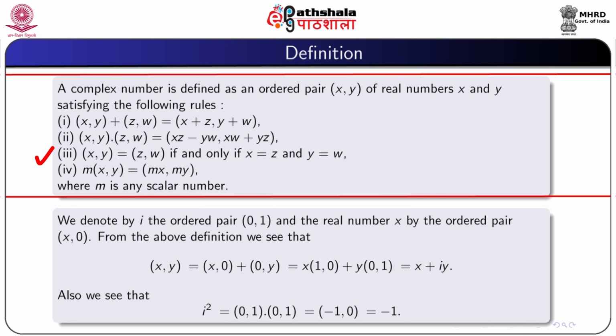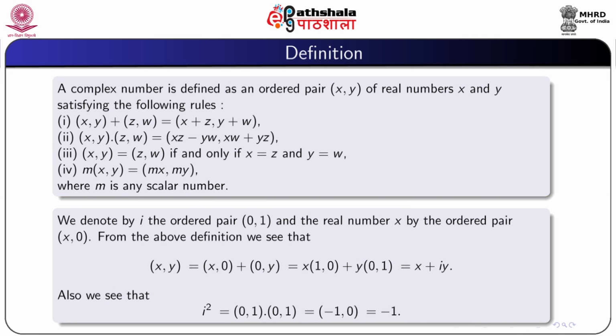Number 3, (x, y) equal to (z, w) if and only if x is equal to z and y is equal to w. And number 4, m into (x, y) is equal to (mx, my), where m is any scalar number.